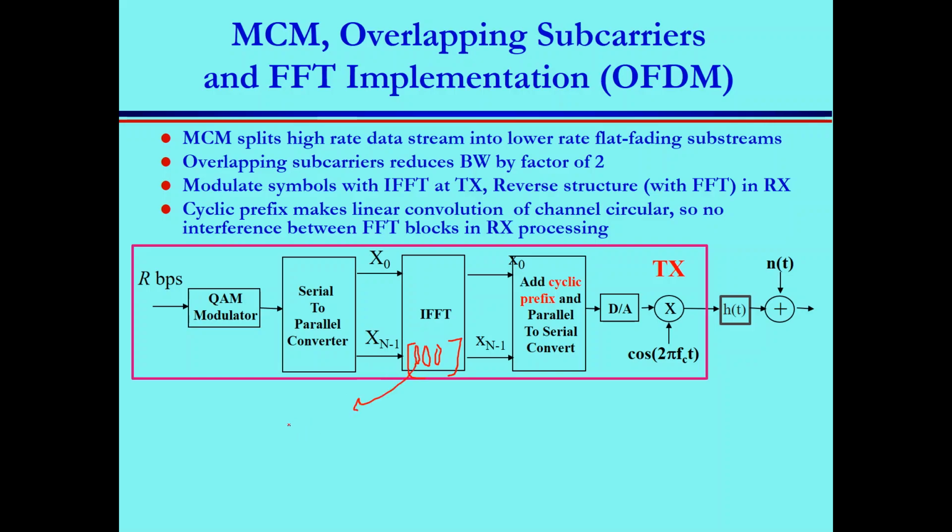Let's take the first column. The first column is an exponential of, let's say, e to the minus j 2 pi f t. From the Euler identity, this equals cosine 2 pi f t minus j sine 2 pi f t. So if you plot this exponential in the time domain, the real part, you will get cosine.